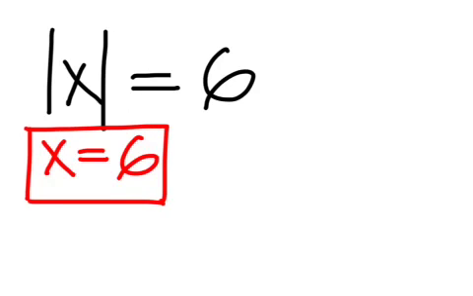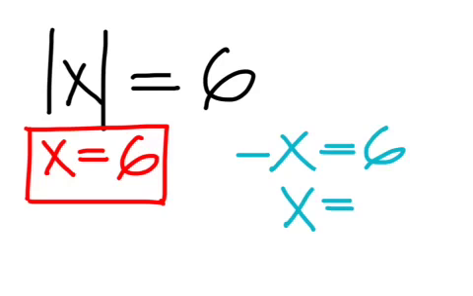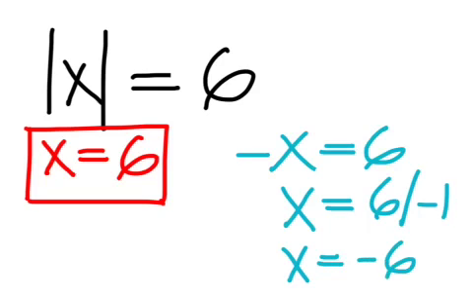There's nothing more to do to that. But the second equation is set up like this. You put a negative sign in front of the x and set it equal to 6. And then you solve that one. 6 divided by negative 1 is negative 6.